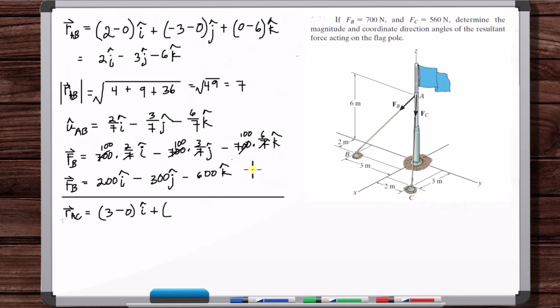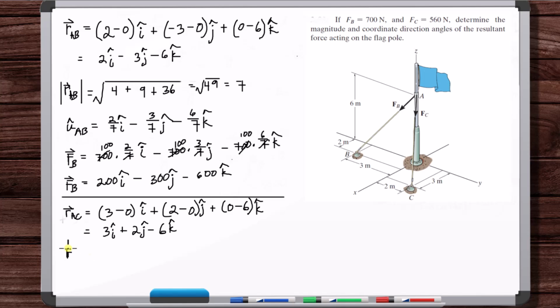YC is 2, YA is 0. ZC is 0, and ZA is 6. So we've got 3 i hat plus 2 j hat minus 6 k hat.